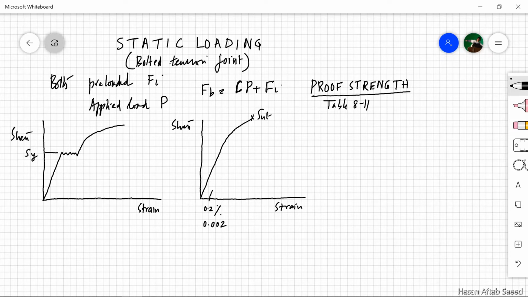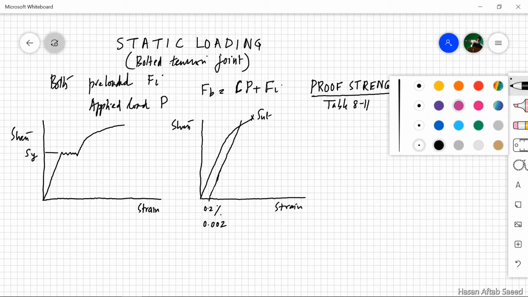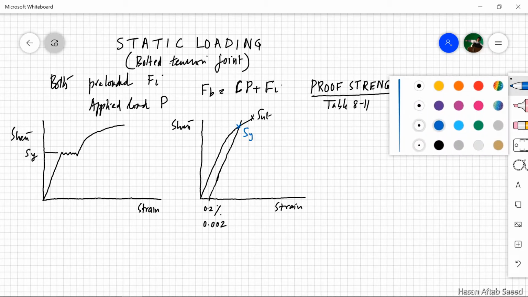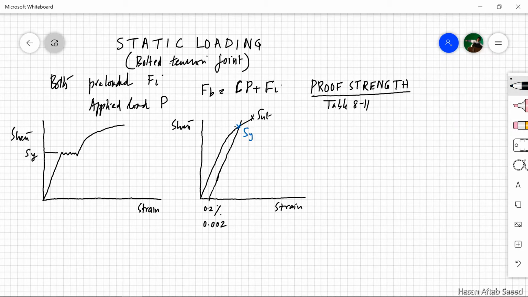We draw a line which is parallel to the initial part of the stress strain line, and see where it cuts the original curve. The point where it cuts the curve is called the yield strength. The yield strength can be read off against this point.